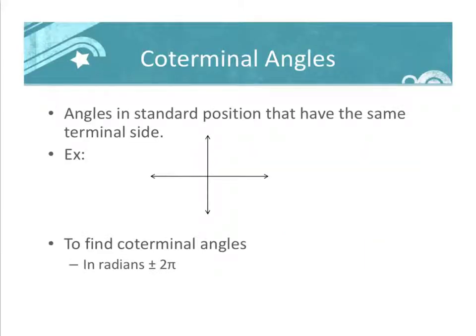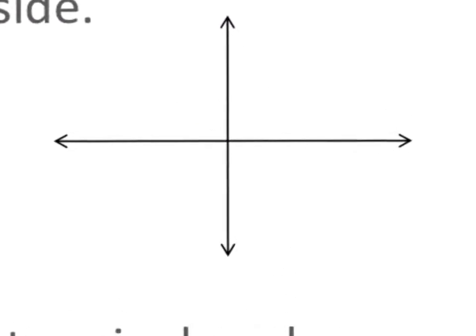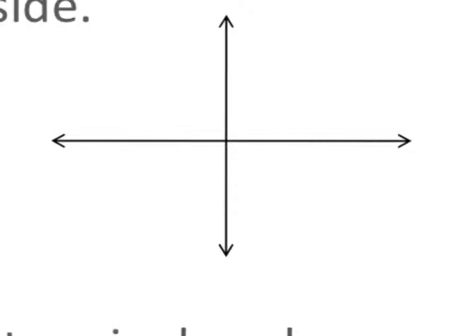Coterminal angles are angles that have the same initial side, the same terminal side, but different degree measurements. Let me show you a bunch of examples. Here's our coordinate plane. Let's take pi over 4 because we already established where that was. So let's call this theta equals pi over 4.